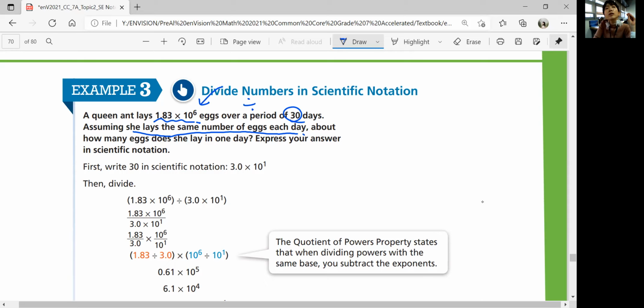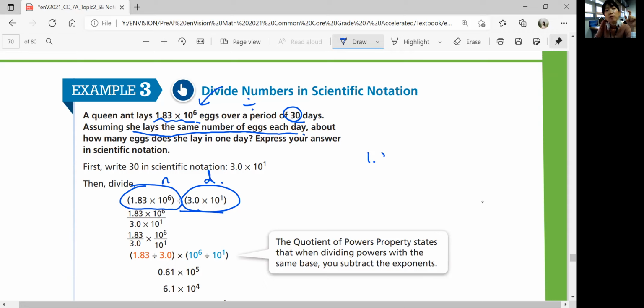And so you're going to write both numbers in scientific notation. Got 3.0 times 10 to the first power. And dividing means the first number divided by the second number. The first number is the numerator, and the second expression would be the denominator.